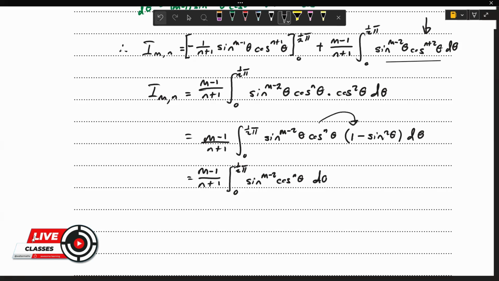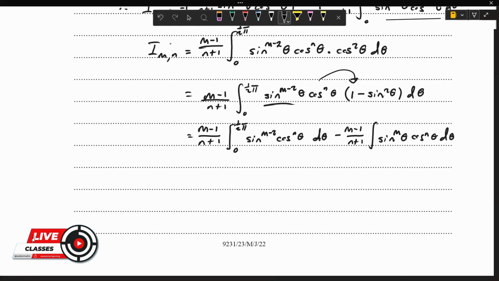So let me just say with respect to theta, and that's minus, again, m minus 1 over n plus 1 of the integral of sine, and adding the powers here gives us sine to the m of theta. All right. And that's of cos to the n of theta with respect to theta, basically.